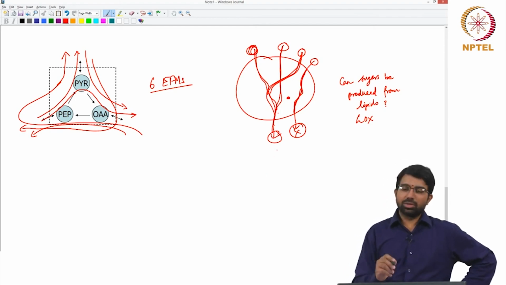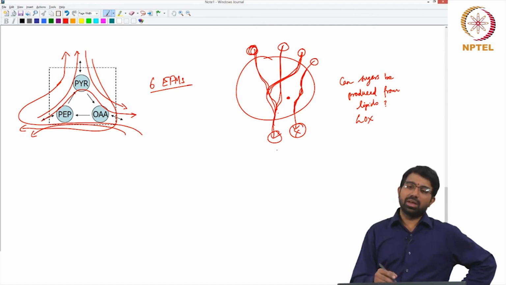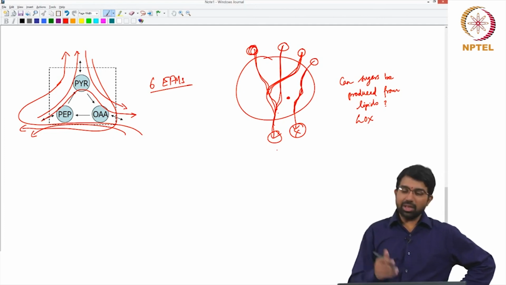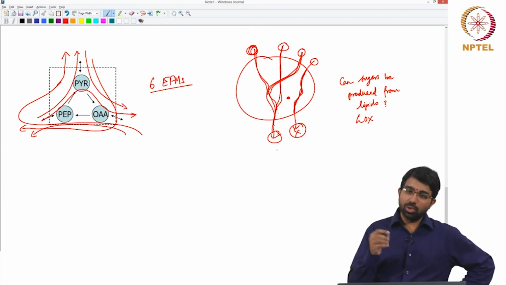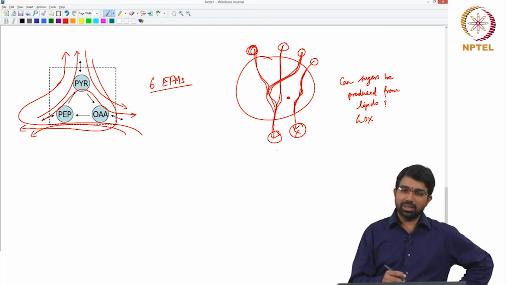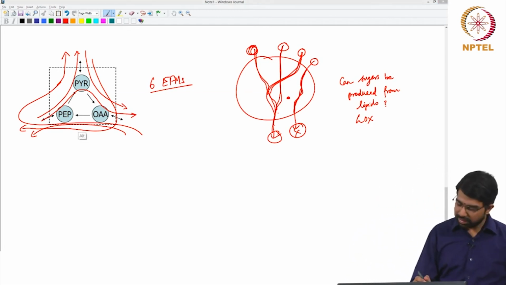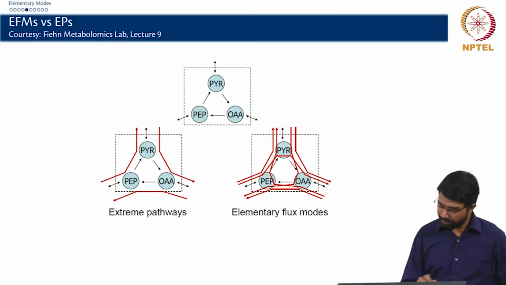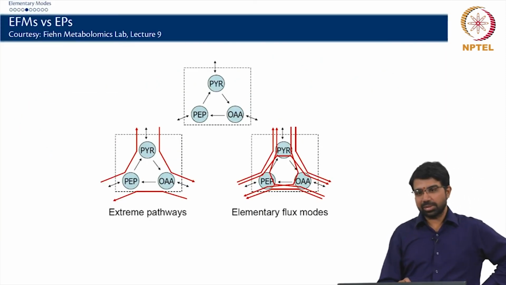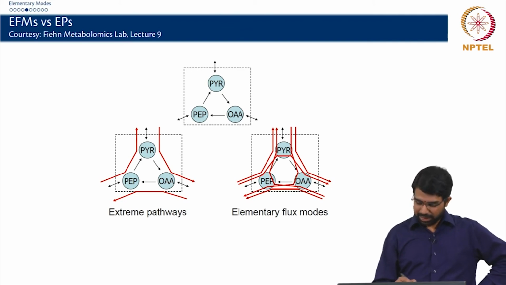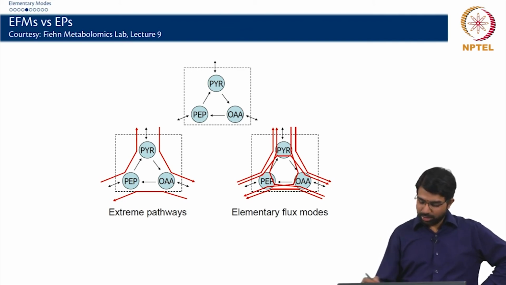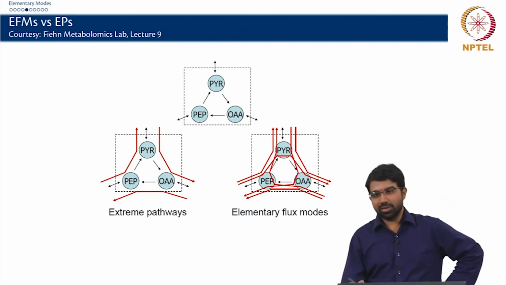So the one difference between EFM and extreme pathway is that an EFM could be decomposed, right? If you see this example, there are only three extreme pathways. These are the only extreme pathways, because if you add these two, you get this EFM.